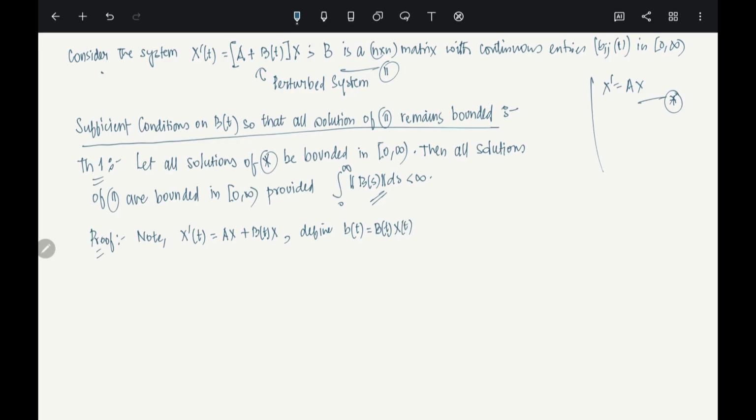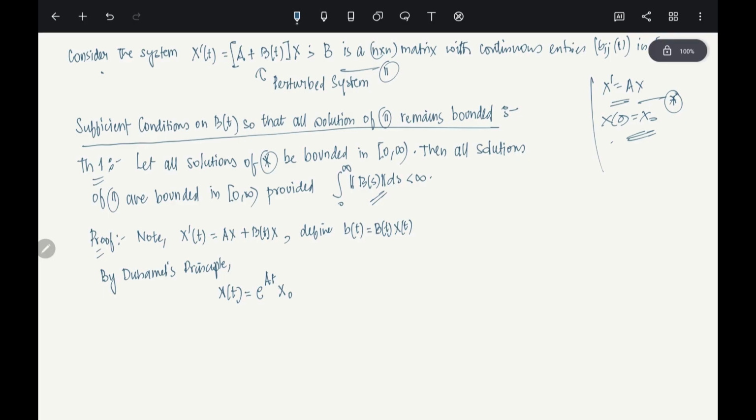Clear? So if we do that, then by Duhamel's principle, or variation of parameters, whatever you want to call it, what do you get? You get that x of t is e to the power At times x naught. Where is this coming from? This is the solution of this problem provided x of 0 equals x naught. So I'm just using that.